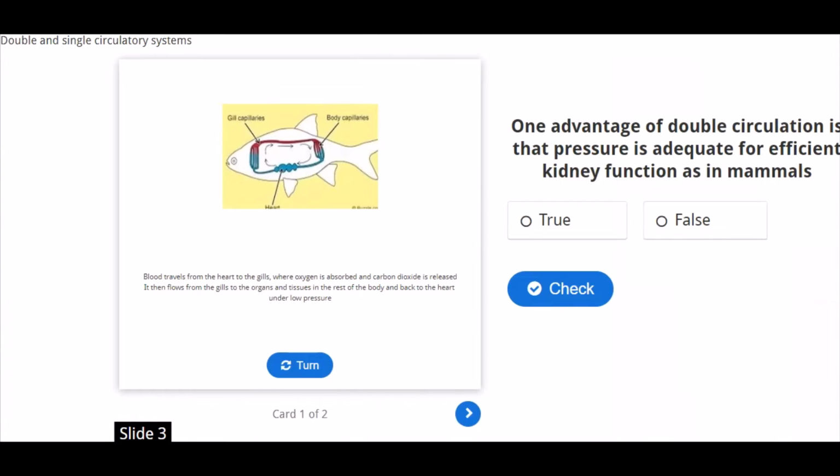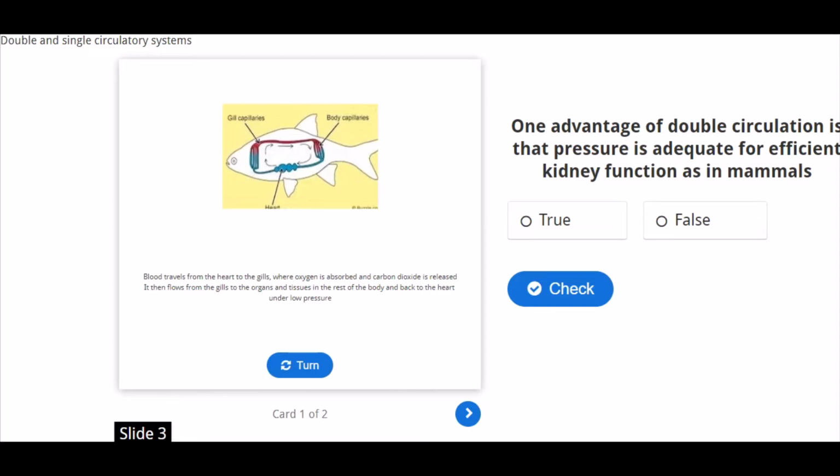Moving forward, we have two types of circulatory systems. We have the single circulatory system and the double circulatory system. In a situation whereby blood travels from the heart to the gills, oxygen is absorbed at the gills, and carbon dioxide is released.